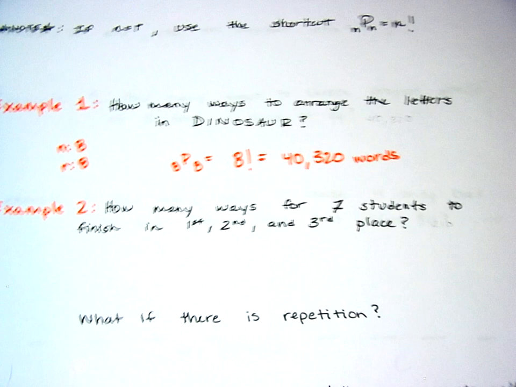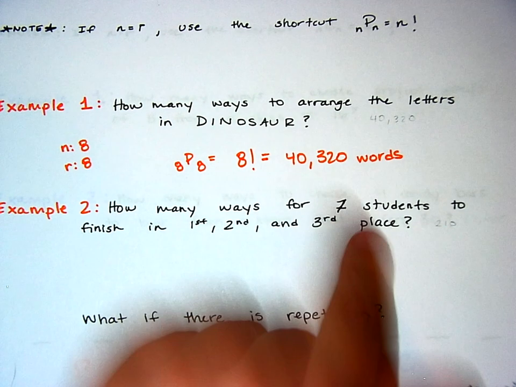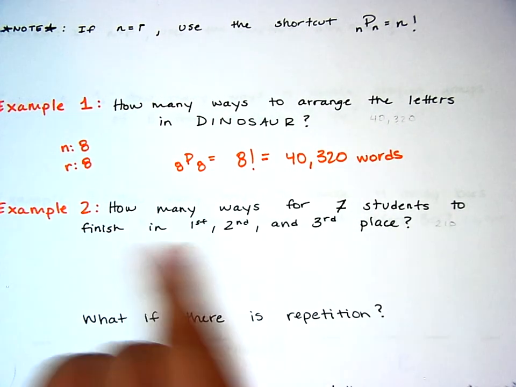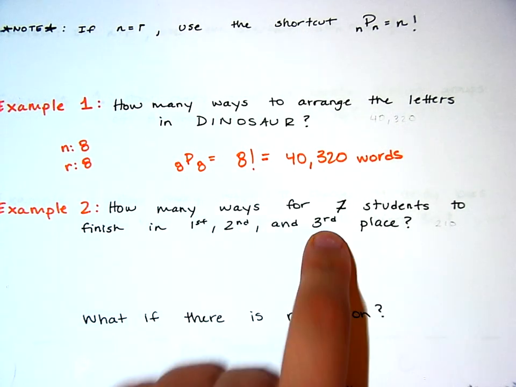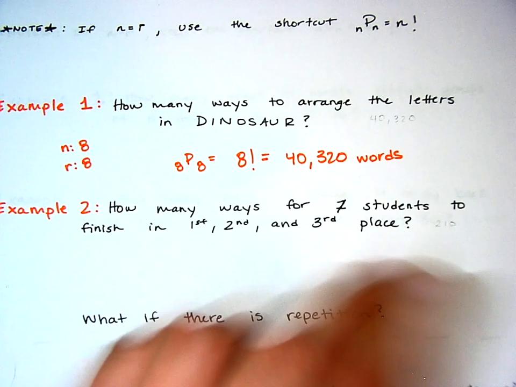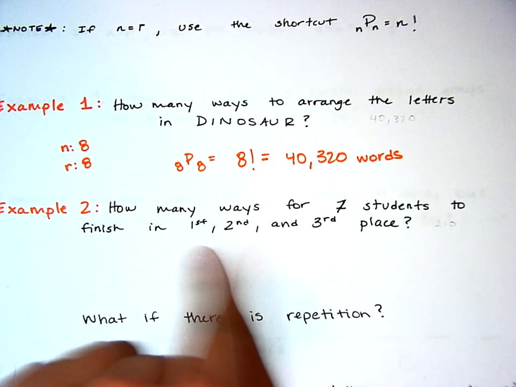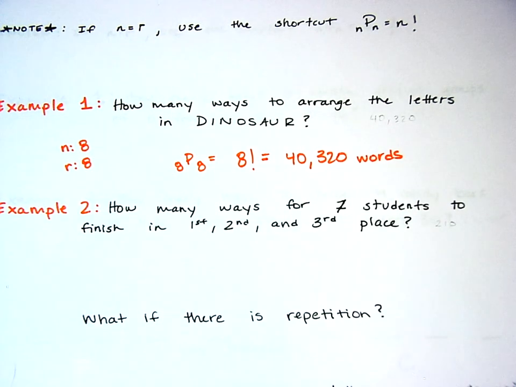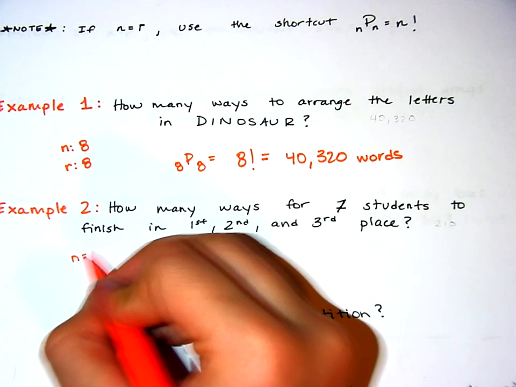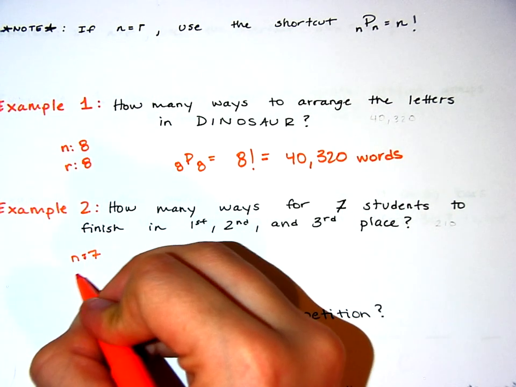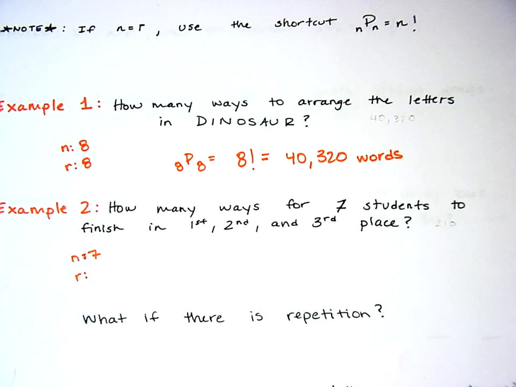How many ways can you take 7 students and have them finish in first, second, and third place? Now, if you have 7 students, only 3 can be included here, first, second, and third. So that means our n value, our total, is 7. But the r value, how many we're choosing every time for the first, second, third place, that's 3 students.